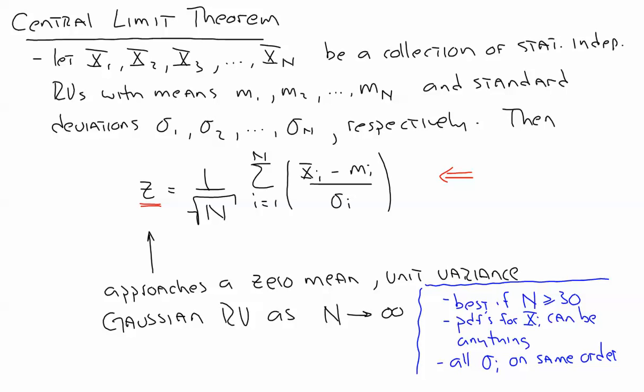All right, let's do an example. Got a company that makes gear pins. All right. L sub i is a random variable describing the length of individual gear pins.